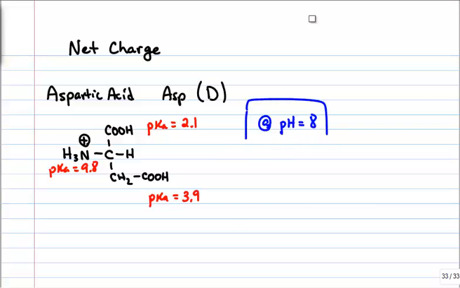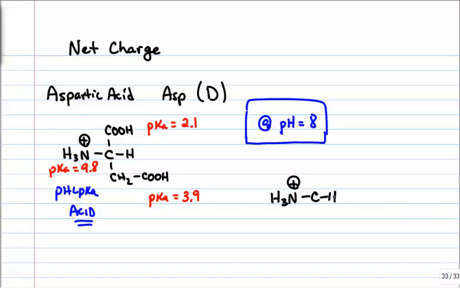So what we have to do is compare pH and pKa for every ionizable group. In this case, pH is less than pKa, and we know from previous rules that that makes this group in the acid form. Well, guess what? It's already drawn in the acid form. So just redraw it then. That's an easy one.